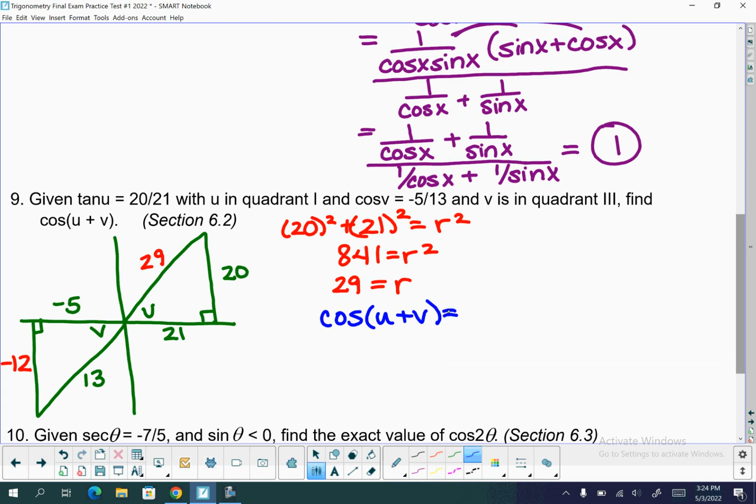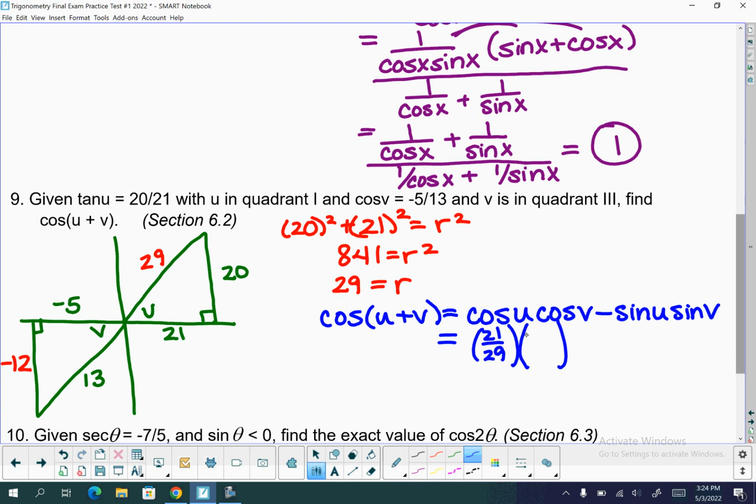Okay, so now let's go ahead and find the cosine of u plus v. You need to use your sum and difference identity for cosine u plus v. So cosine, minus sine is the identity that we're looking at for this one. Cosine of u from the triangle would be adjacent over hypotenuse, 21 over 29.